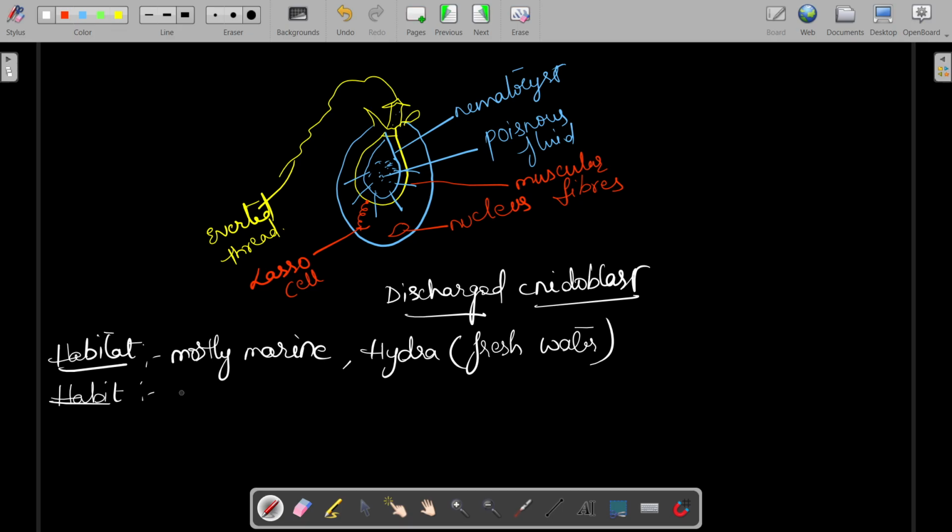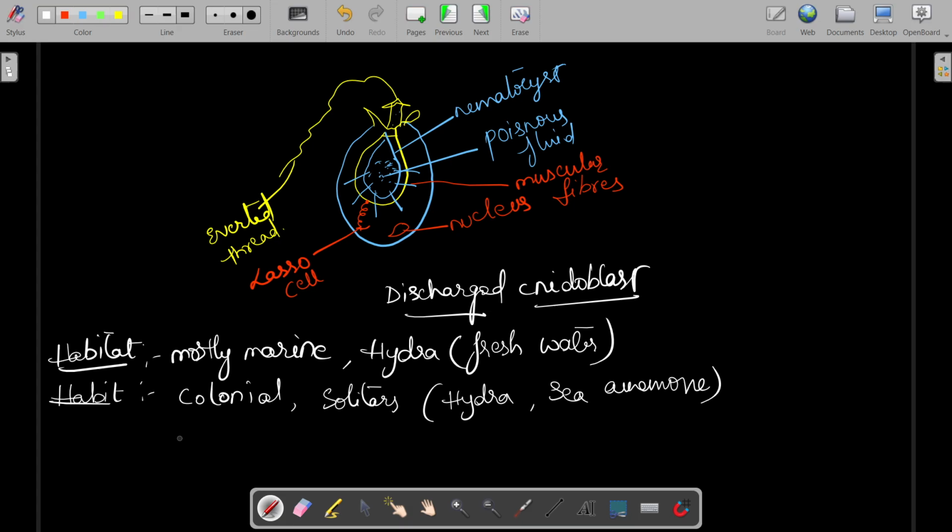These mostly are colonial. Obviously they live in groups. Some are solitary, and examples of solitary are hydra and the sea anemone. They live singly.